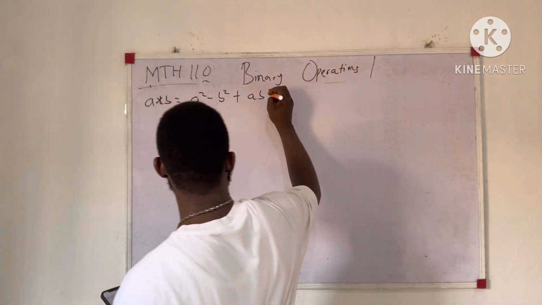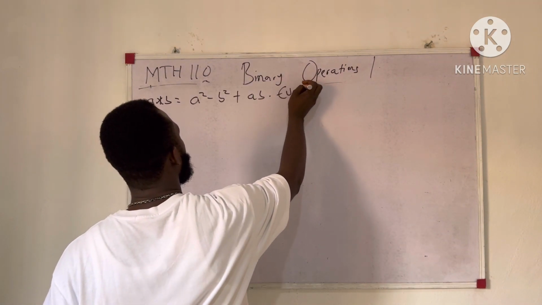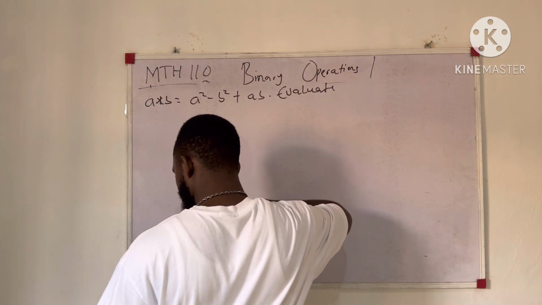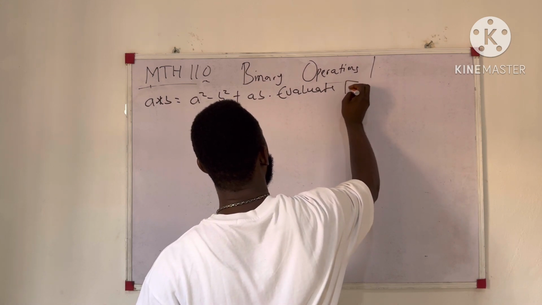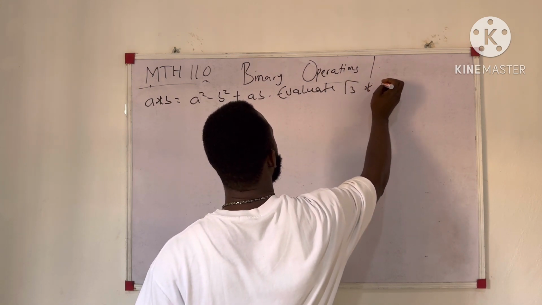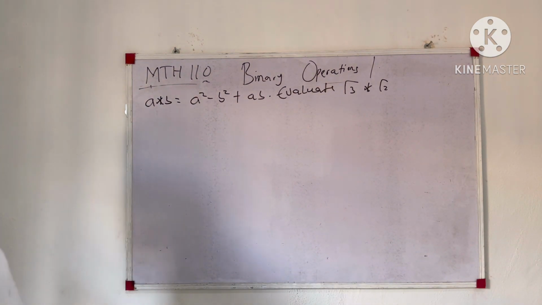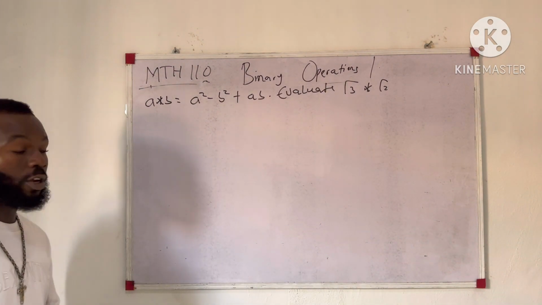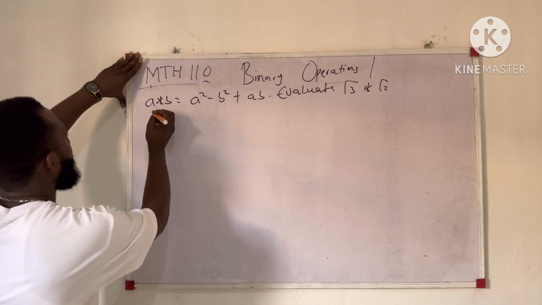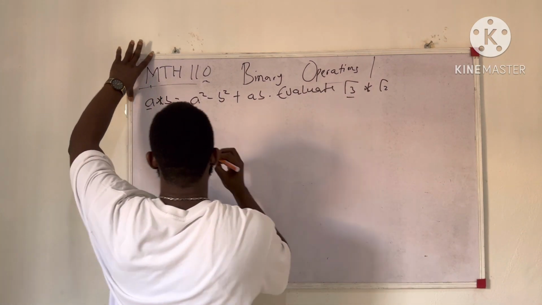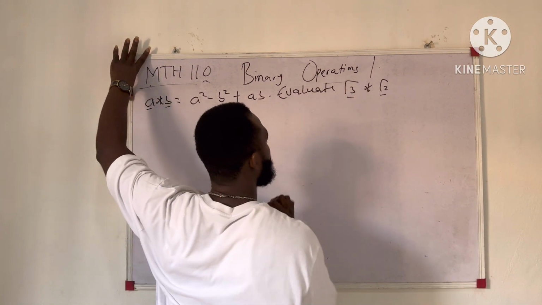Now this is what they said we should evaluate: root 3 operation root 2. Evaluate root 3 operation root 2. Now A is root 3, B is root 2.